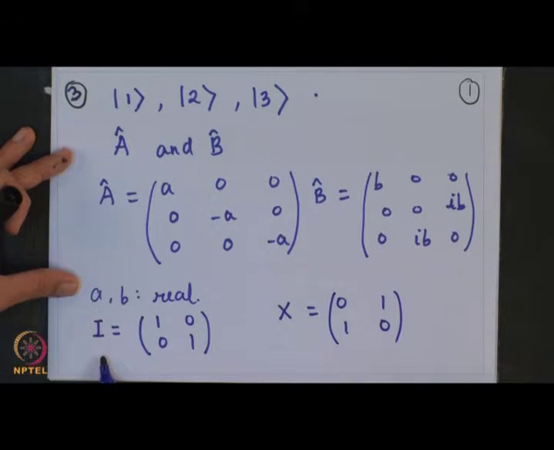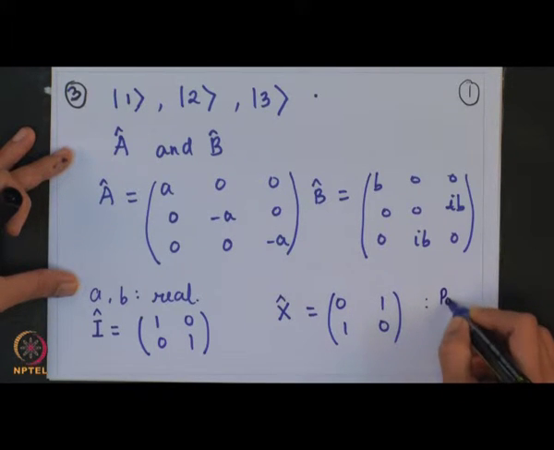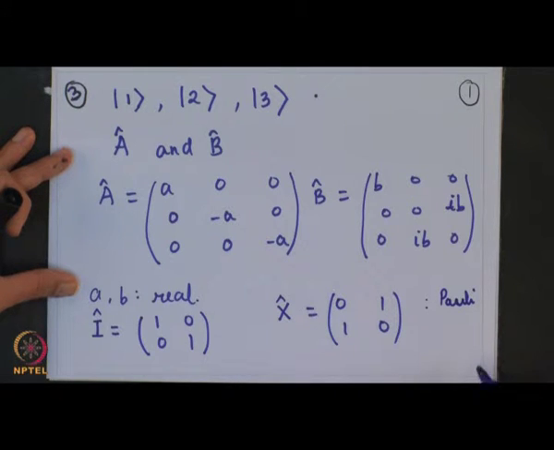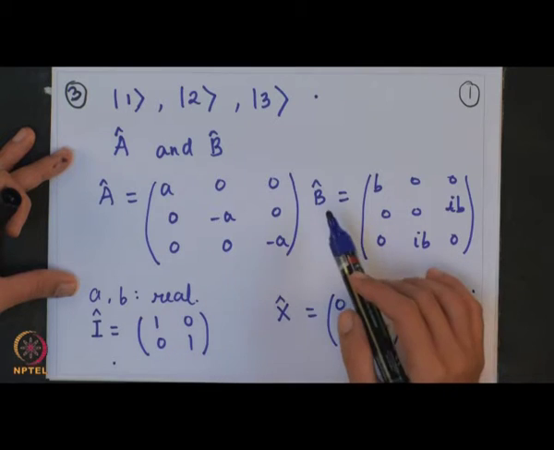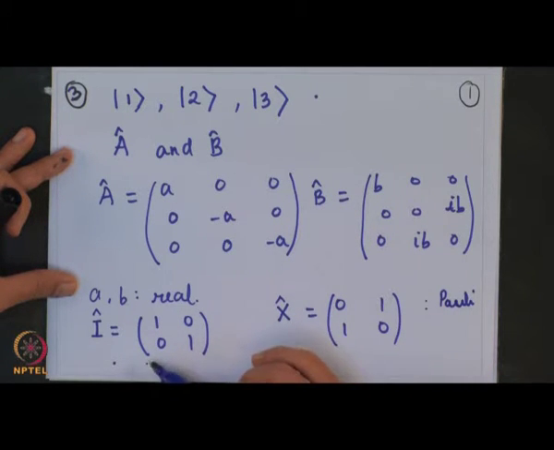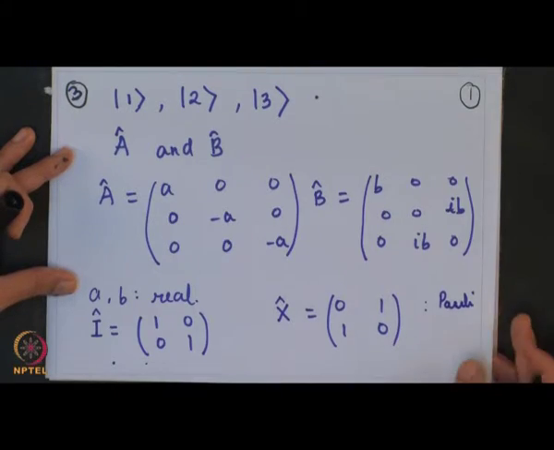I have swapped the entries of the identity and got an operator x. This looks familiar; it is one of the Pauli matrices. Now I will try to write operator B in terms of the identity and x operators, and see whether it is easy to recognize the eigenvalues and eigenvectors.